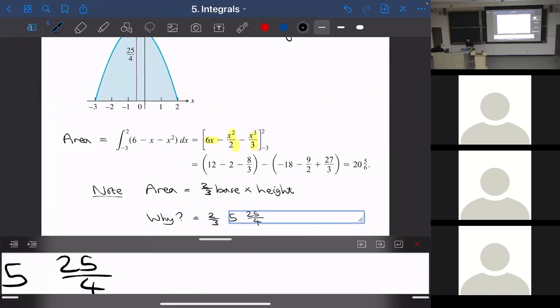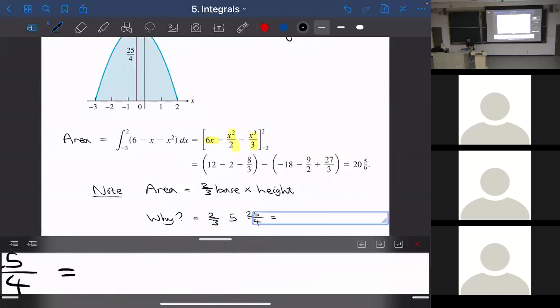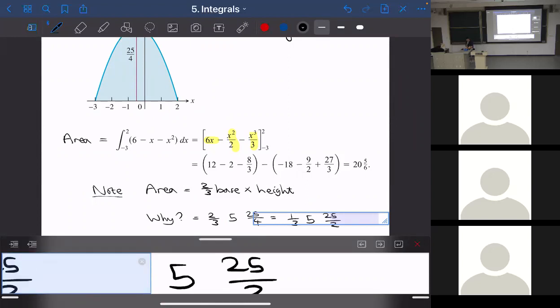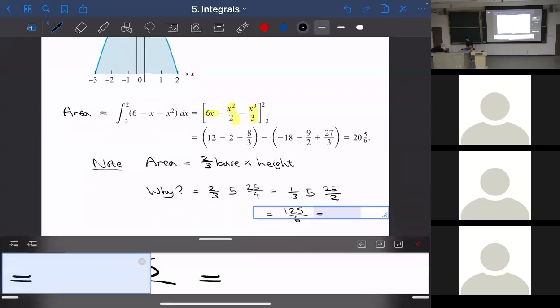So I just want to check that this comes out as the same thing. So we have 2's cancelling, to give this 2. And then I have 125/6, and that I hope is going to, yes it is, it's going to be 20 5/6.